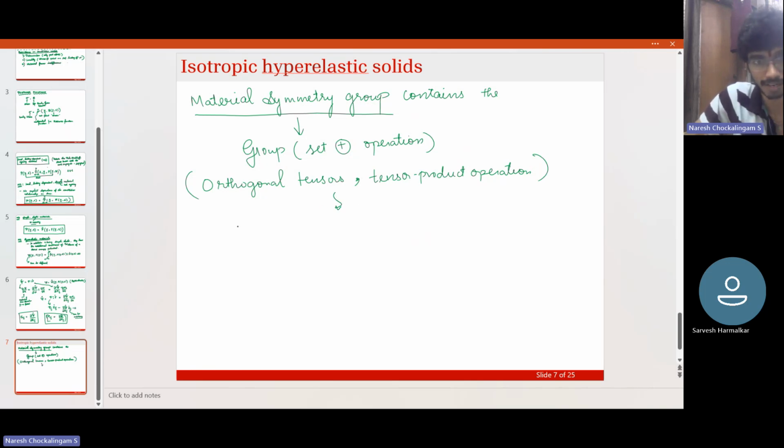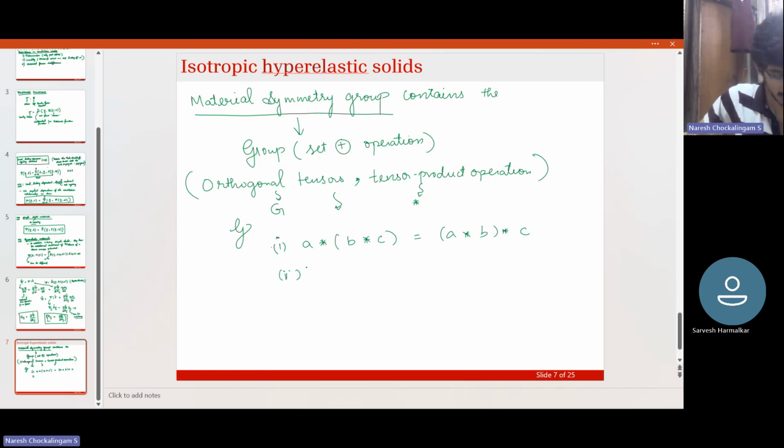Let us call it G. This operation can be called, say, a star. So this is called a group when you take elements of this set G and operate on them, and that operation has to be associative. So it's like A star B star C should be equal to A star B star C. This is the first condition.